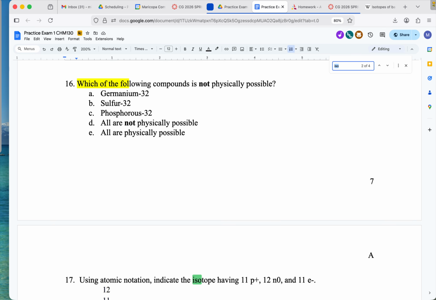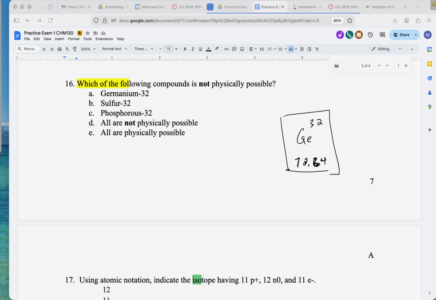What does germanium 32 written on the exam mean in comparison to the periodic table that tells us germanium 32? We'll just write it all down so we can all be looking at the same thing, more or less. So that's our periodic table. And the exam says germanium 32. Yep.